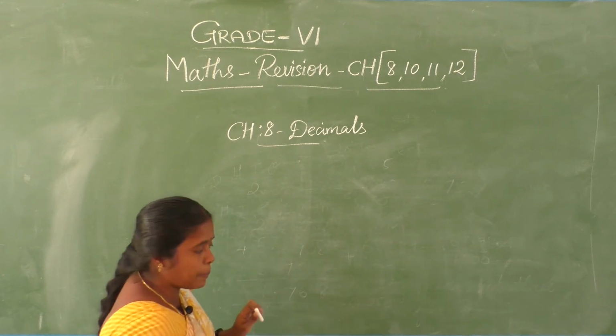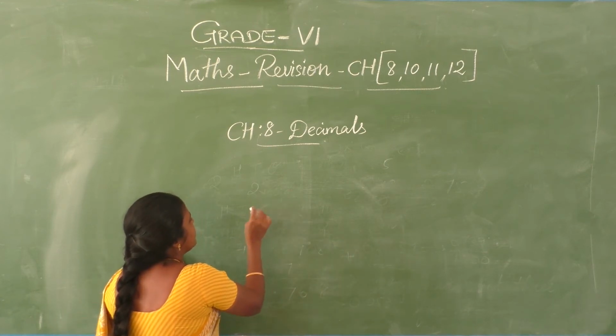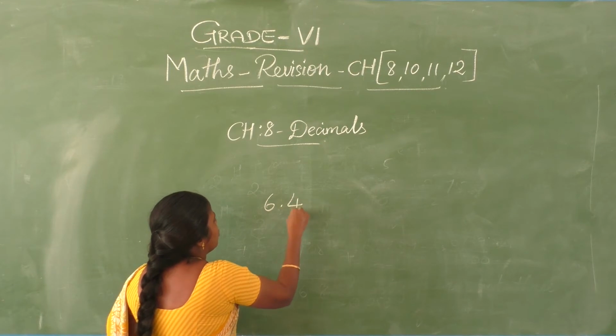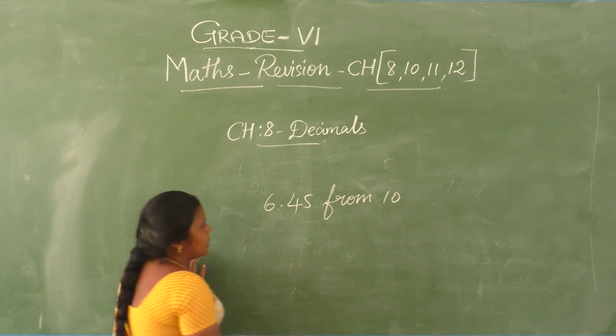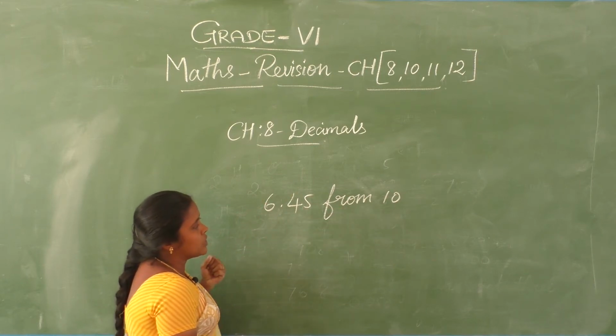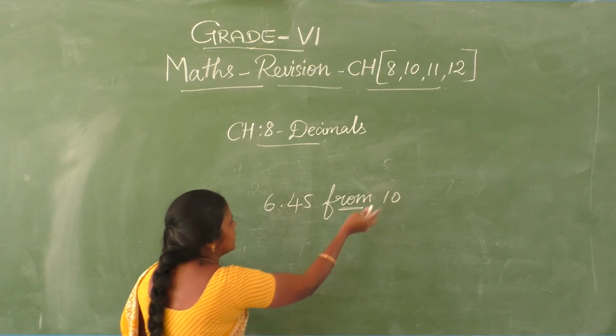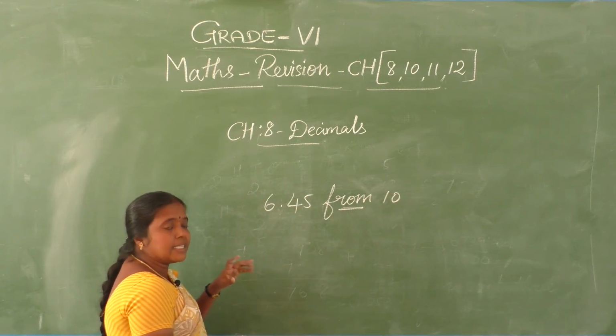Subtraction based, subtract this from that, like that questions may come. What to do? Subtract 6.45 from 10, simply given. Subtract this number from that. So which comes first? 'From' means you must take that number as the first. In addition, anyway you can change it, first as second, second as first.